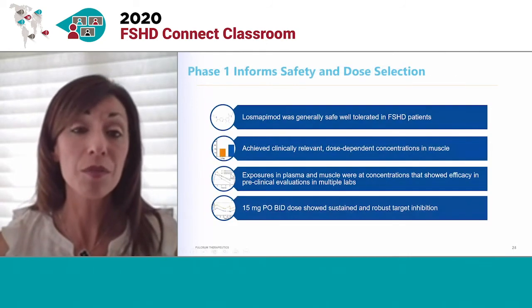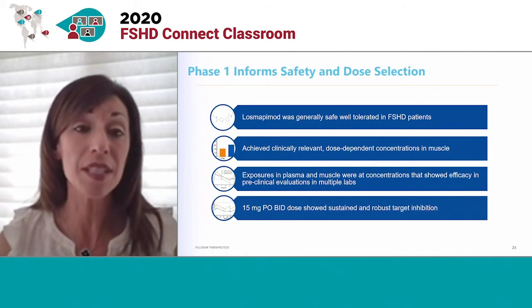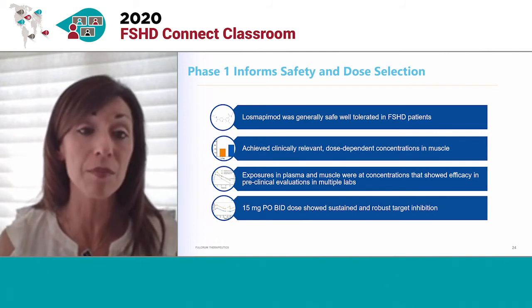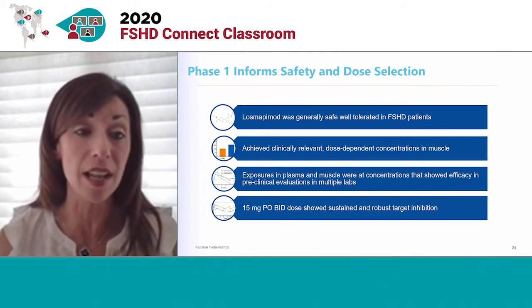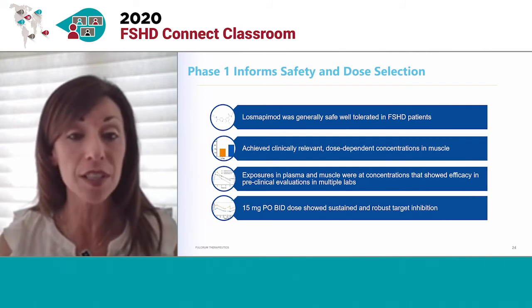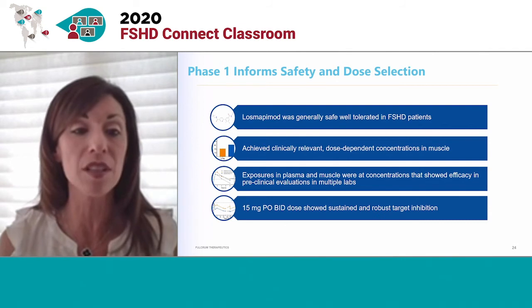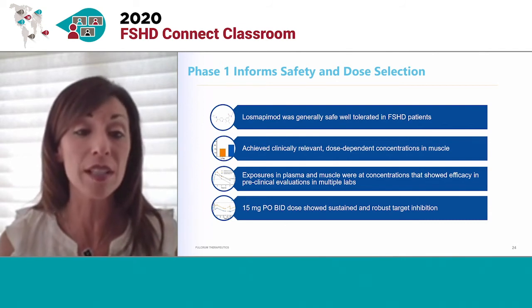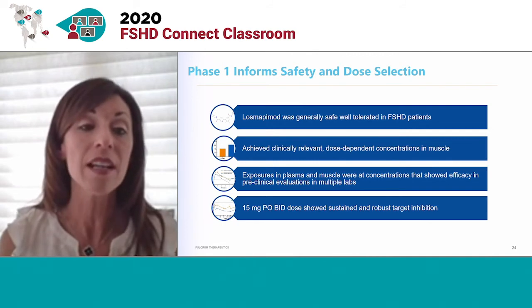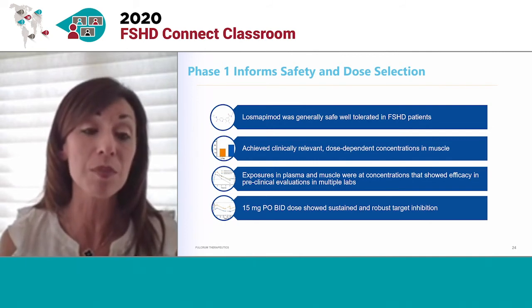So our phase 1 study did inform safety and dose selection, in that we were able to show that losmapimod was generally safe and well tolerated in FSHD patients. We were able to achieve clinically relevant dose-dependent concentrations in muscle, as well as show that exposures in plasma and muscle were at concentrations that showed efficacy in preclinical evaluations in multiple labs.